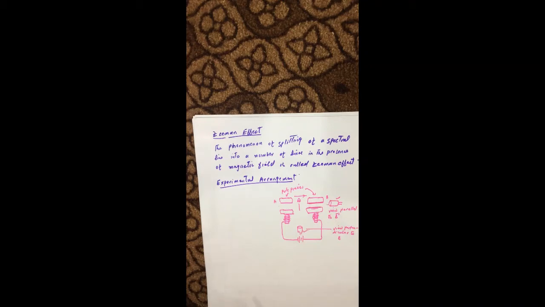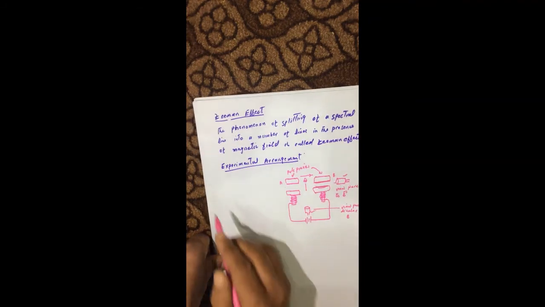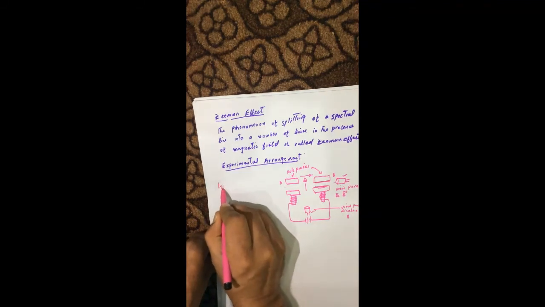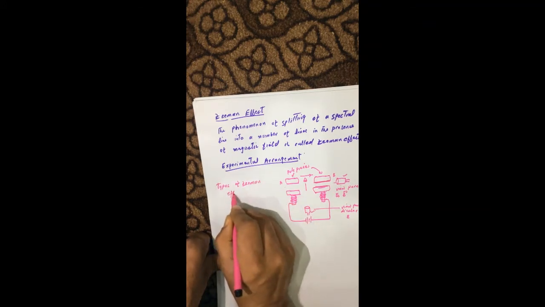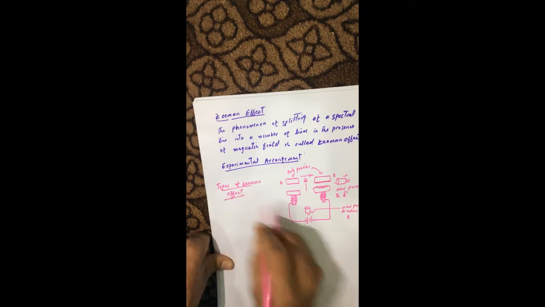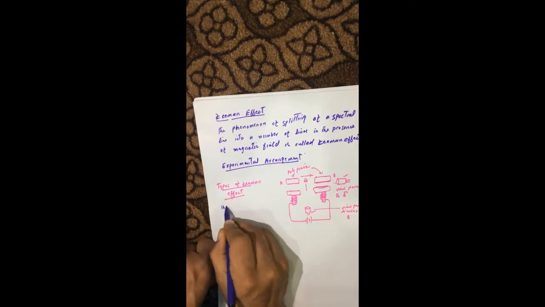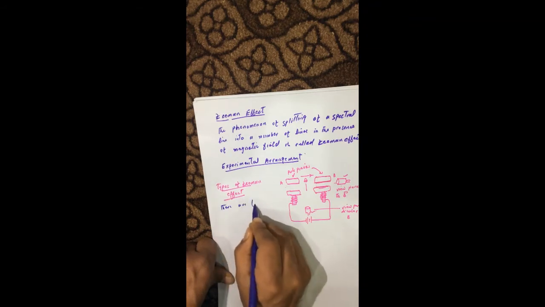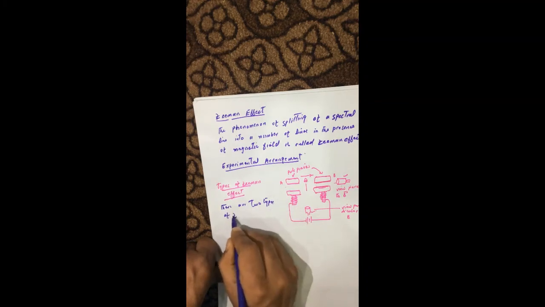So based on this observation, there are 2 types of Zeeman effect. This is the experimental setup. There are 2 types of Zeeman effect.